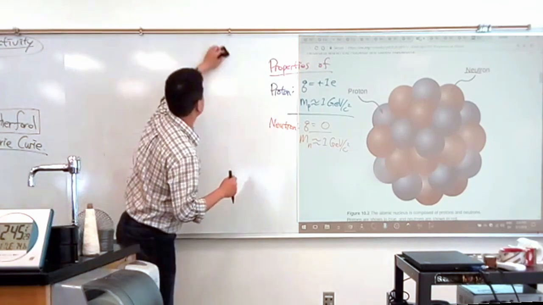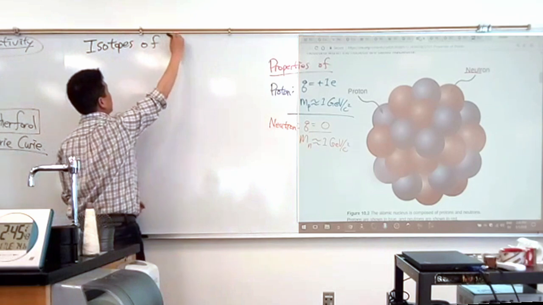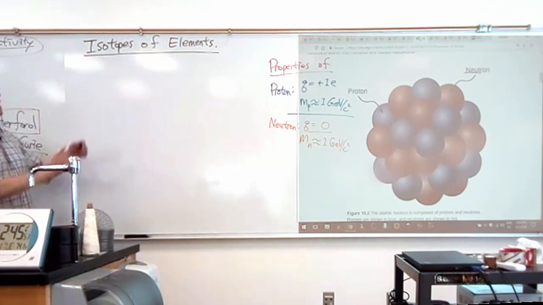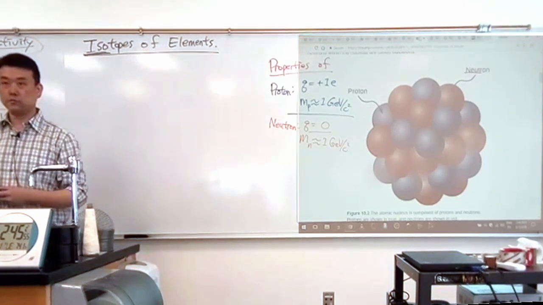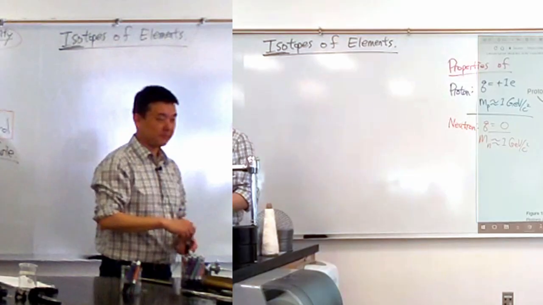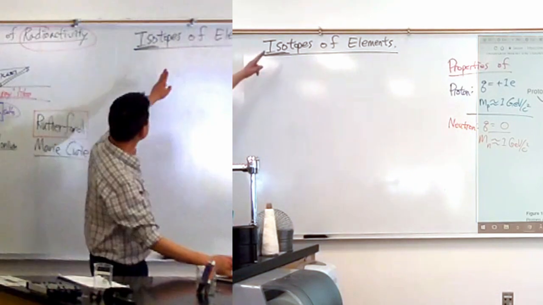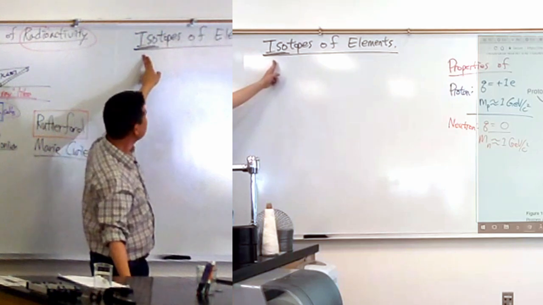This is kind of where we start. Isotopes of an element. You guys have some sense of what iso in a word means, right? Equal, isosceles. When you start something with iso, it means something is equal. So what's equal?